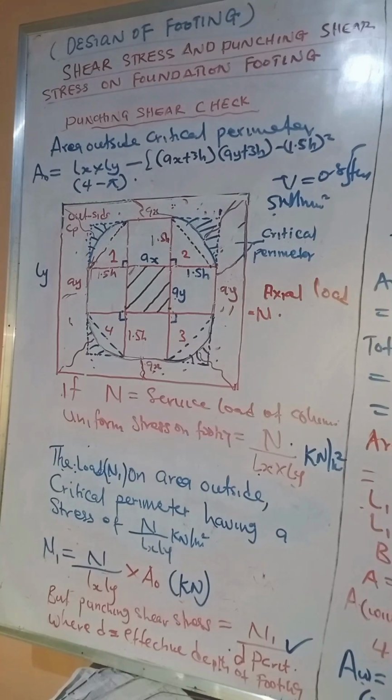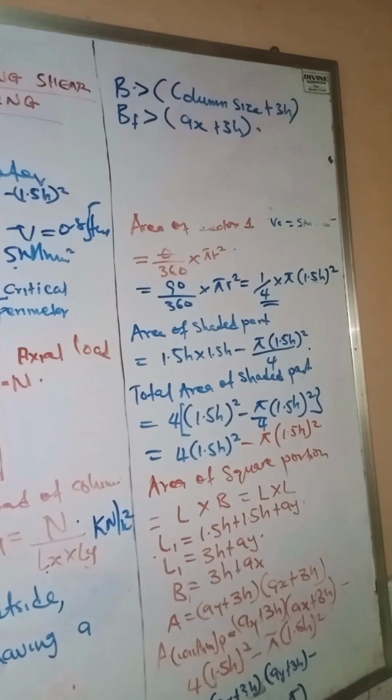If you have the thickness of your footing as, for example, 200 and it fails the punching shear check, all you need to do is increase the thickness and retry it, and you will be able to get the required depth. The formula B is greater than column size plus 3H can be used as a check in your preliminary design. You can take a tentative H using that criterion, and from there go on and do your code check.